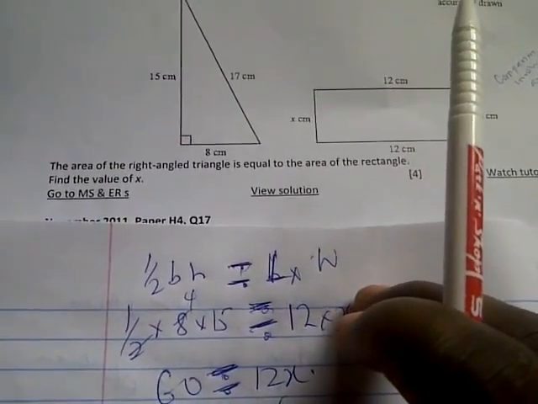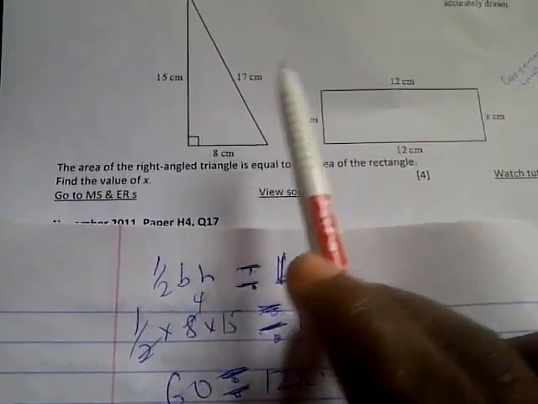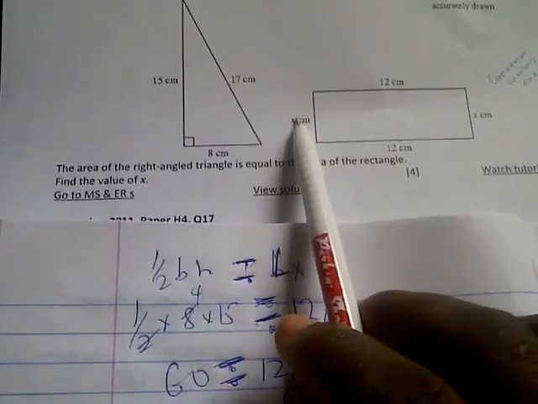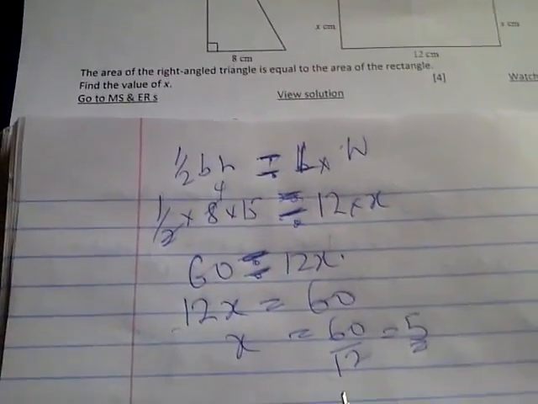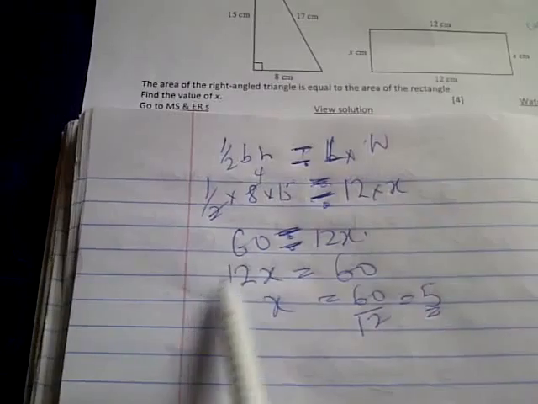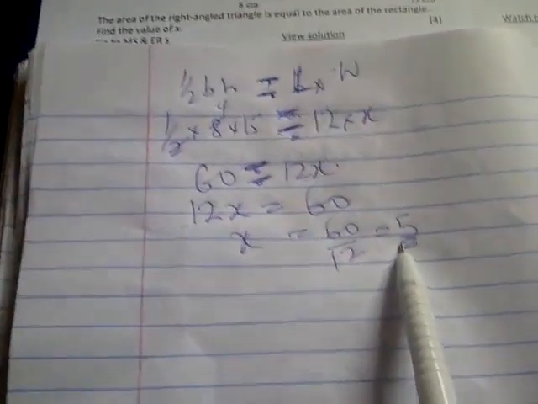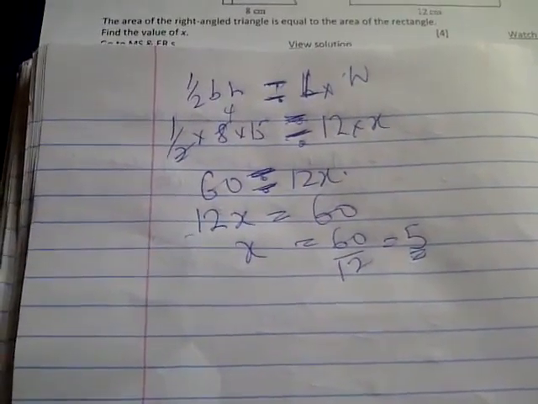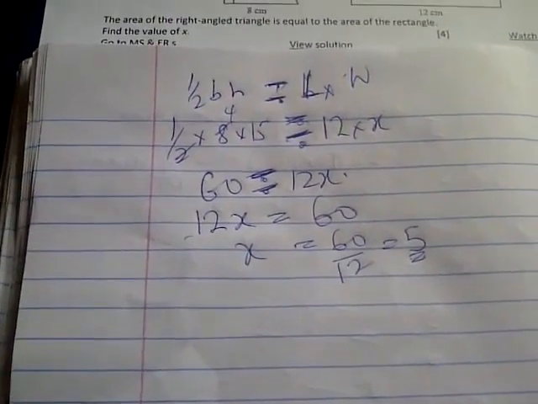They're not in a relationship of ratio. They're just saying that this is equal to this, so find a length in this. So we just did half base times height is equal to length times width. Putting in the figures, 12x is equal to 60, and your x will be equal to 5. Okay, so that's it for comparison of areas.